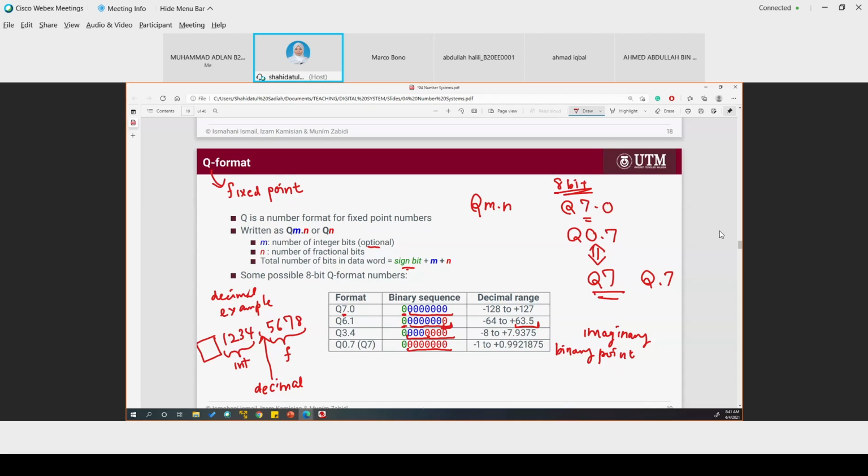So the bigger the fraction part is, the more precise the number representation you can have. If your system needs accuracy, you need to use a fraction, a fixed point, or a floating point. Right? Moving on.